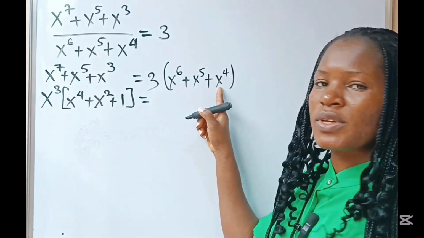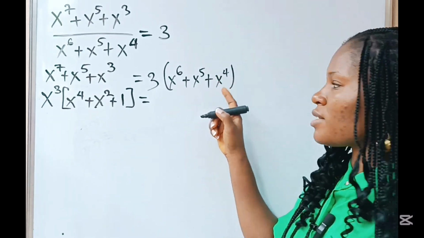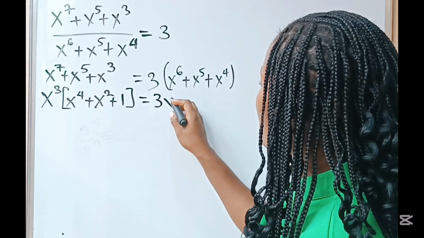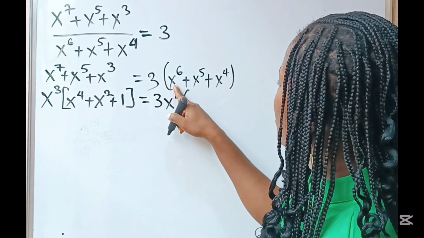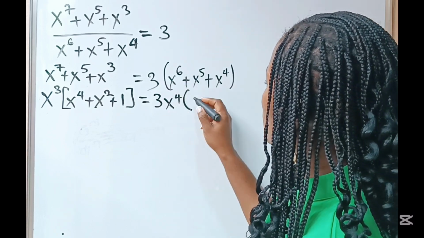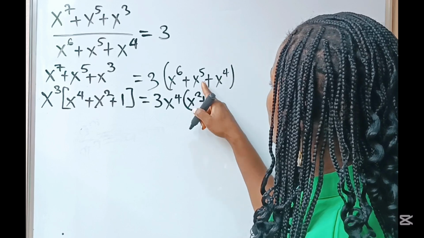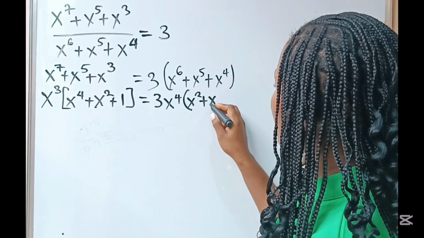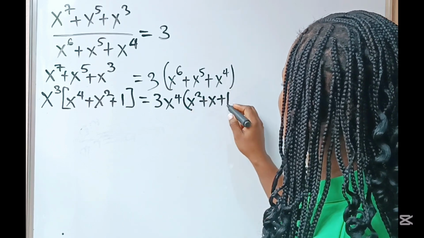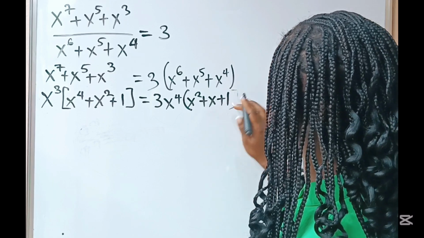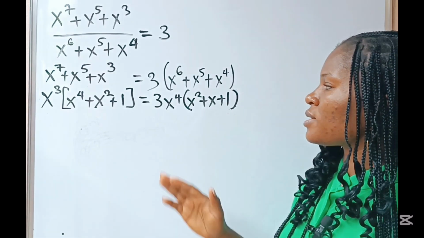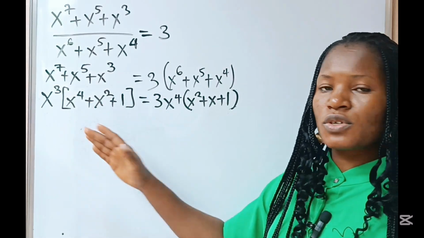Is equal to, then let's factorize with the smallest power as well. So this is going to be 3x to the power of 4. Now x to the power of 6 divided by x to the power of 4 will give us x to the power of 2. This divided by this will give us x, and this divided by itself will give us 1. All right, now let us transfer this to this side of the equation.